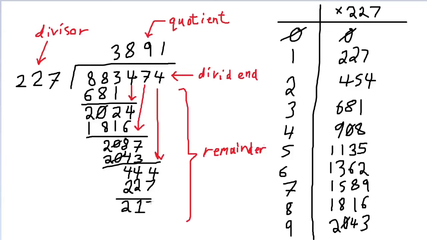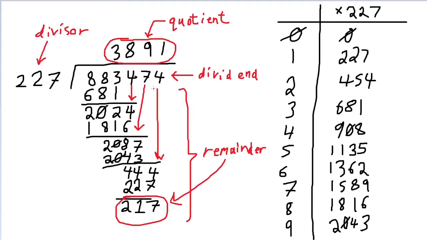So we have reached the end of our division. So this is actually our final remainder, 217. This is the remainder of the entire division, and the quotient on top is our final quotient.